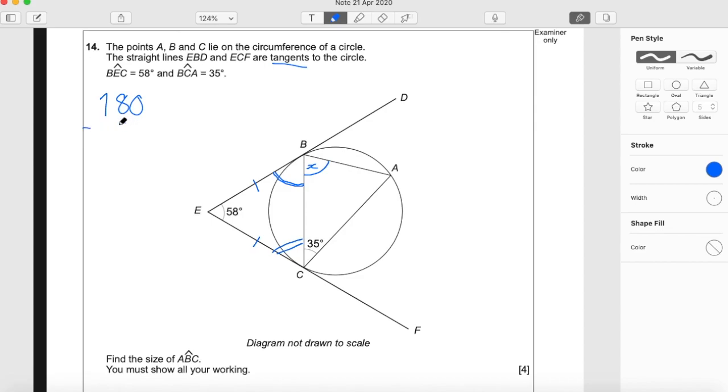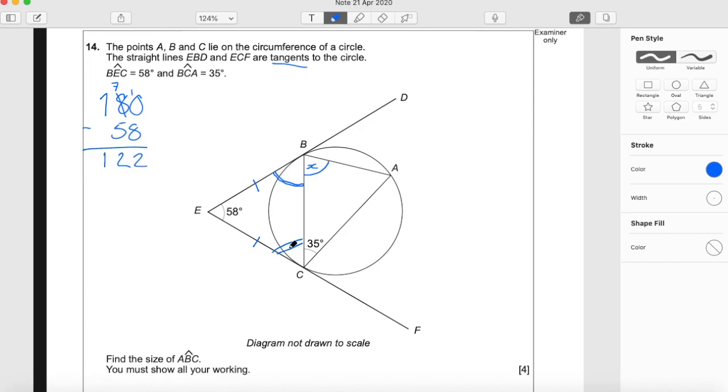So if we take away the 58 degrees that we know about, we can find what these two angles must add up to and then divide it by 2 to find just what one of them is. So 180 degrees minus 58, I'm borrowing the 1, 10 minus 8 is 2, 7 minus 5 is 2, and 1 minus nothing is just 1, so 122.